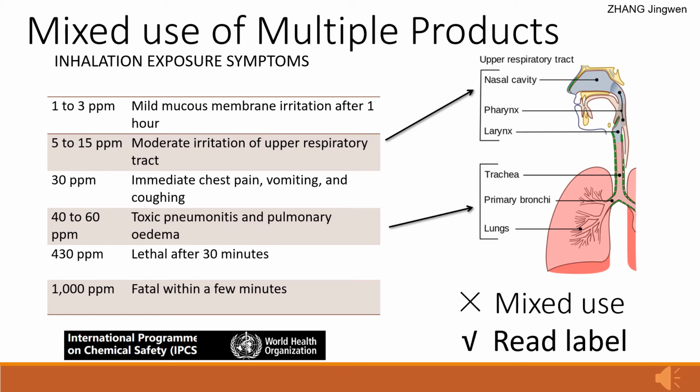When the inhalation concentration reaches 30 ppm, chest pain and vomiting will occur immediately. If the inhalation concentration is 40 to 60 ppm, the patient may have toxic pneumonitis and pulmonary edema. When the inhalation concentration is above 430 ppm, the patient will die.